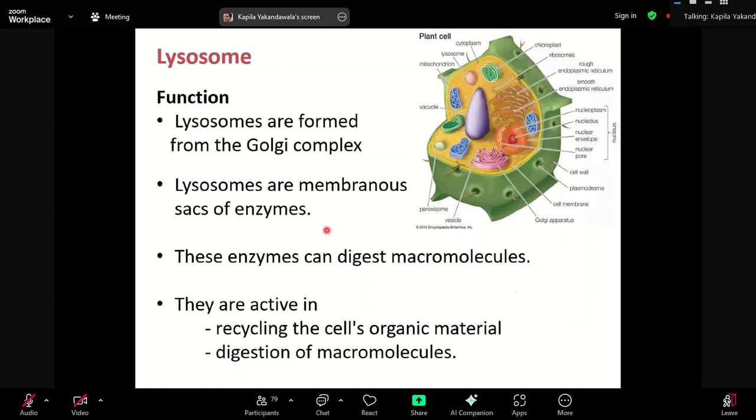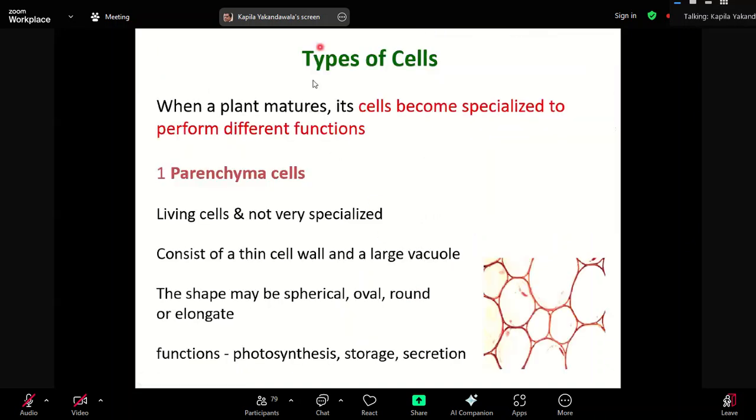Then lysosomes. Lysosomes are formed by Golgi complexes. They have membranes, sets of membranes containing enzymes. So enzymes can digest unwanted large molecules. Okay, that is all about cells and different parts of a cell.